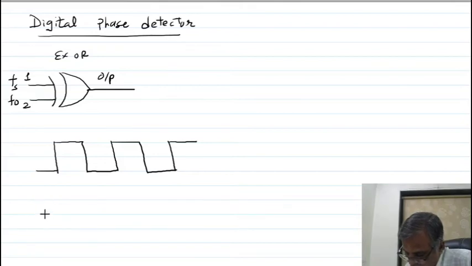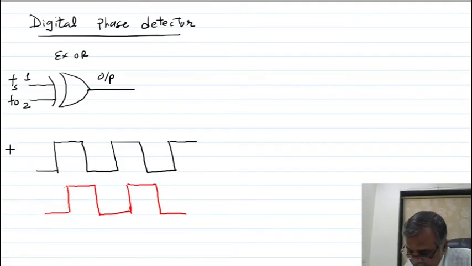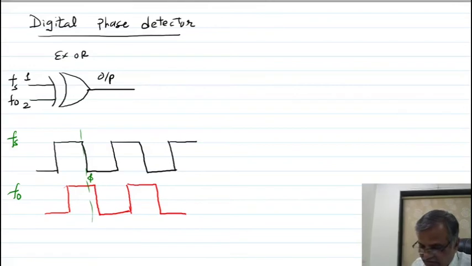I am showing you here. As you see, this is your Fs, this is your Fo. You can see in the diagram, the Fs is leading by phase phi compared to Fo.